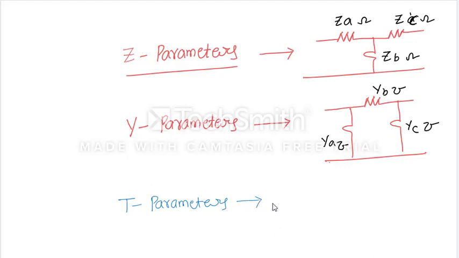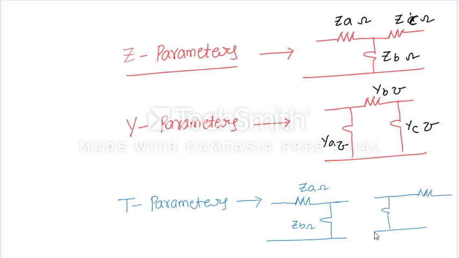The inverted L-shaped network: one is a series element followed by a shunt element, this is ZA and this is ZB. The other one is a shunt element followed by a series element. This is ZA ohms, this is ZB.